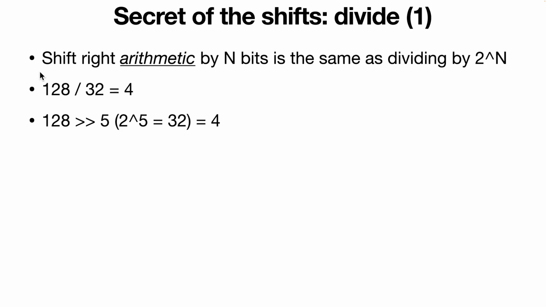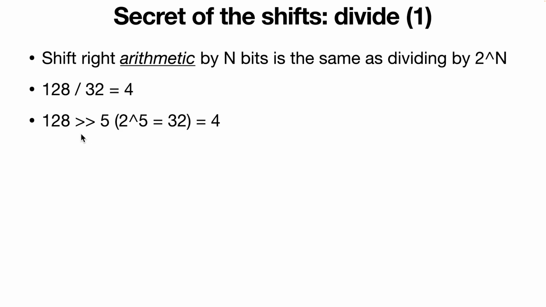Then we have divide. A right arithmetic shift by n bits is the same as dividing by 2 to the n. So let's say we had the value positive 128 and we divided it by 32. That should give us 4. And we can confirm that by taking 128 and right shifting it by 5 bits, which is the same as 2 to the 5, or 32. And that should be a division by 2 to the 5, 32.